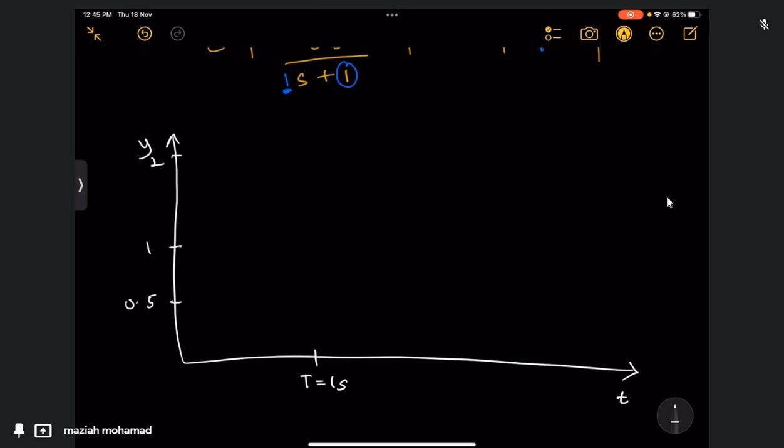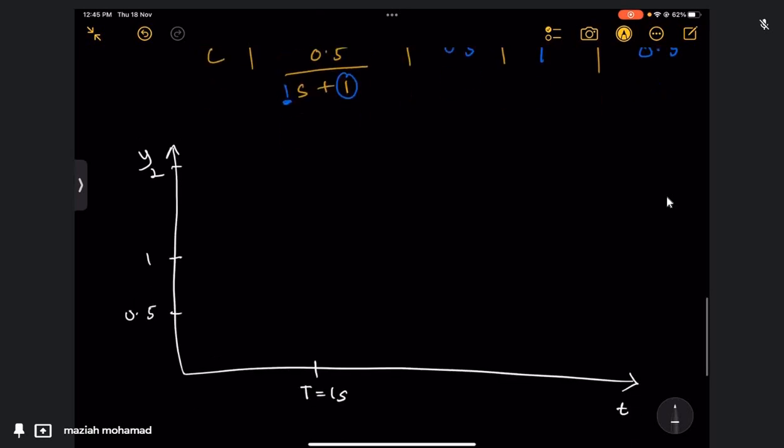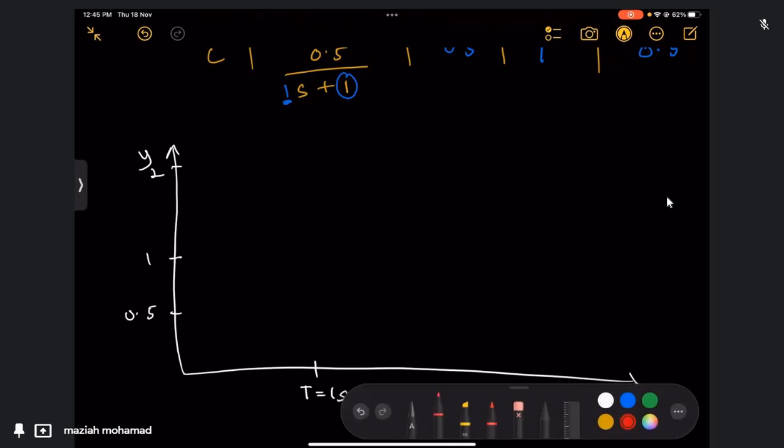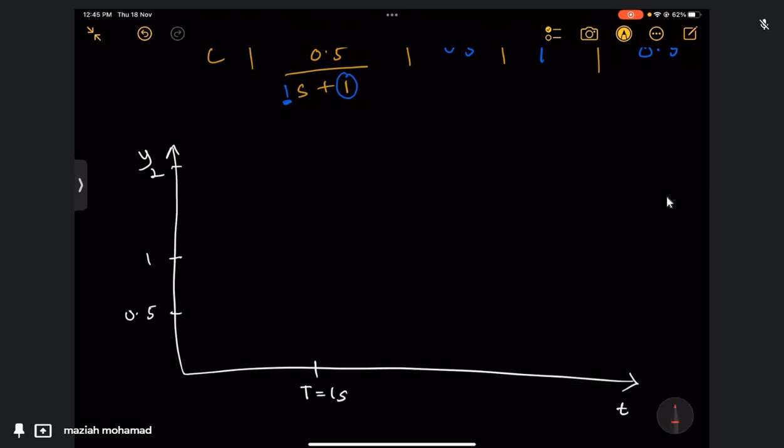Based on the time constant, system A will reach 0.632.